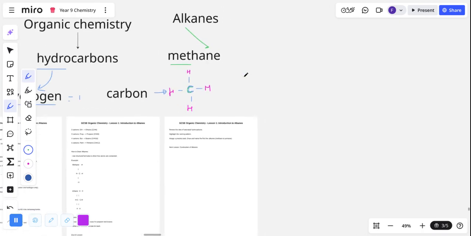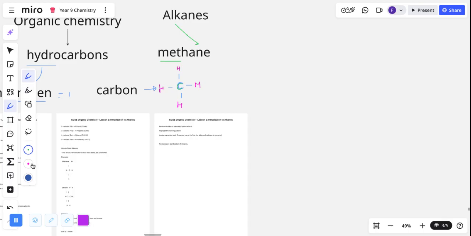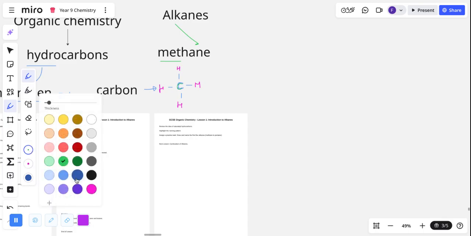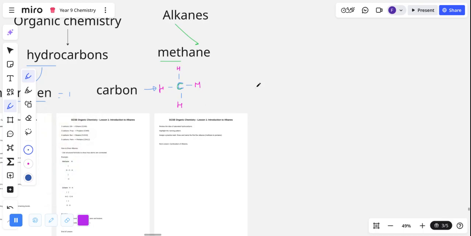All right, now, this is how we can string them together. I'm going to go back to a bluish colour. This is 1 carbon. So now I can string 2 carbons together like this. And if I count very carefully on each carbon, 1, 2, 3, 4 around my first carbon.